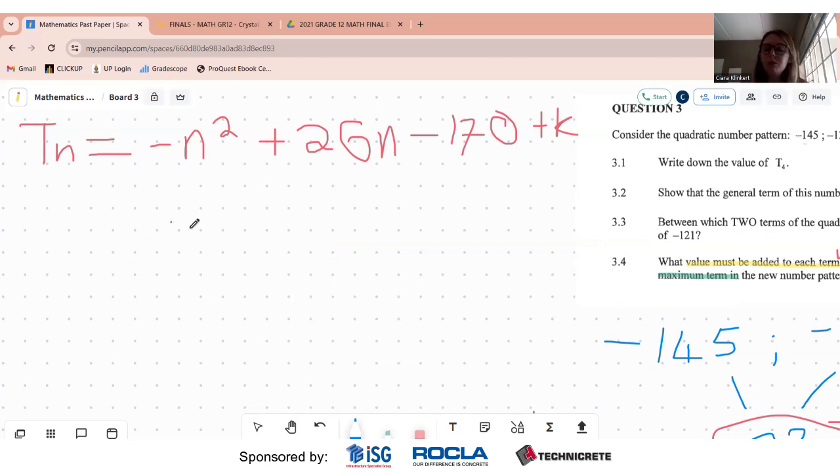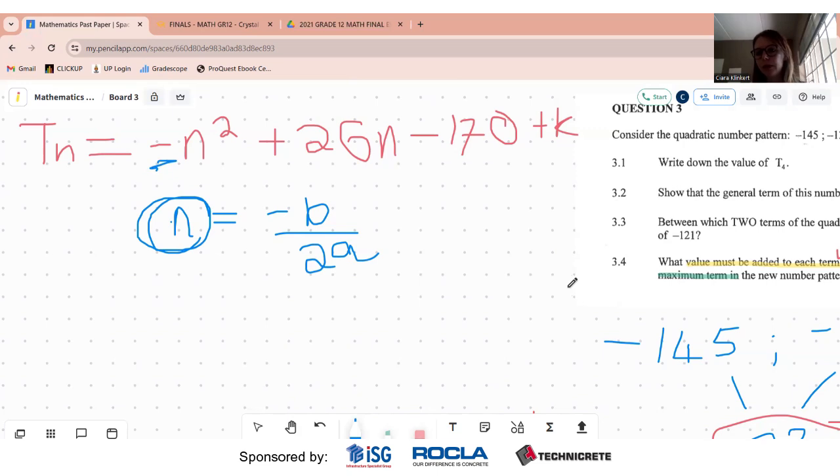Okay, so we remember from our functions question that we can find the x value of the turning point by calculating negative b over 2a. So this is the position, the n value, where the maximum will happen. This function will have a maximum value because we've got a negative a value.